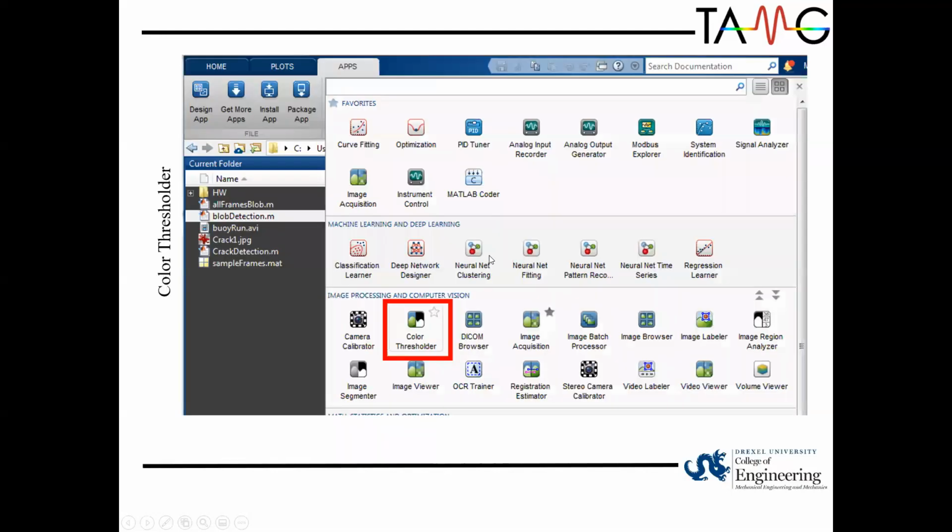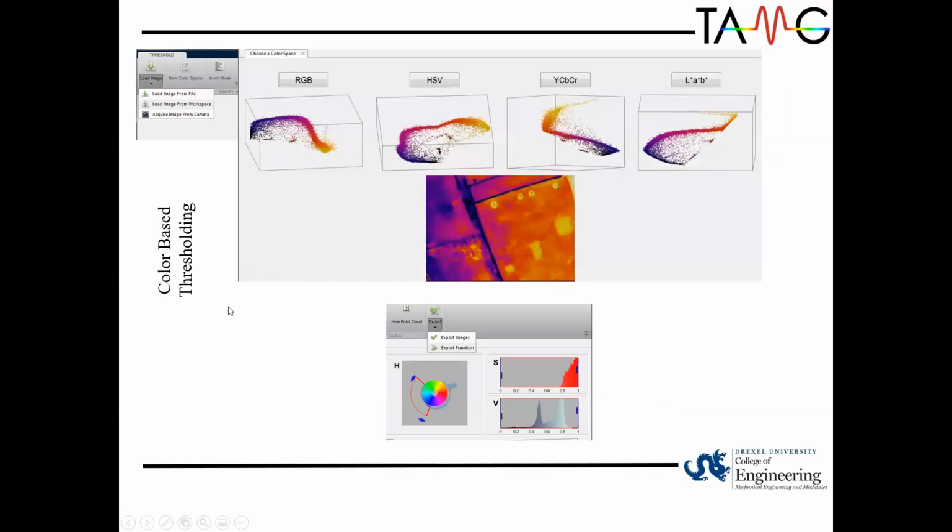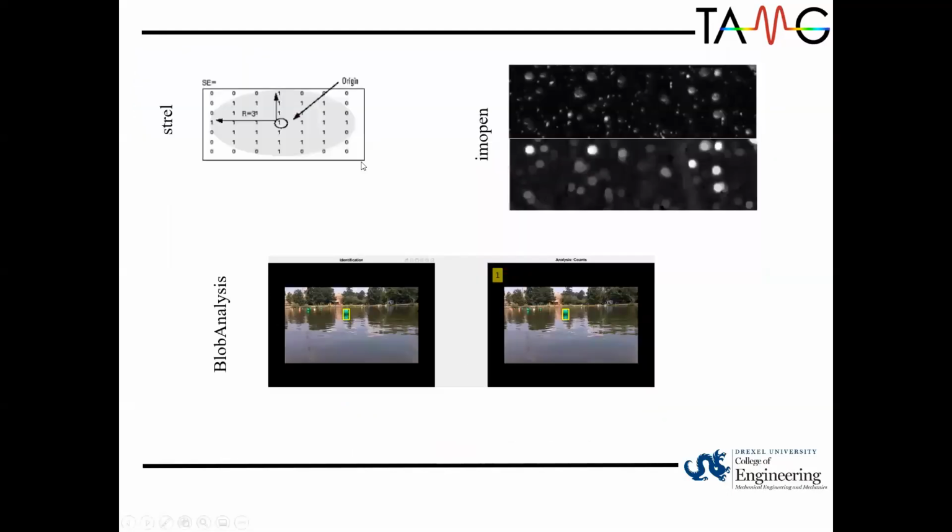Some of the common tools we're going to be using predominantly would be the color thresholder, while we walk through the blob detection and the all frames. And then we will walk you through your homework as well. Now, the color thresholder has a page such as this, which will be useful, where you select which color space you're going to be playing with or thresholding with, and then extract data from there.